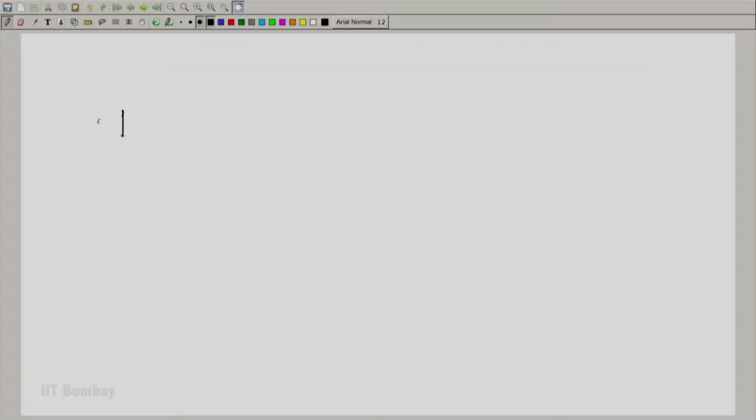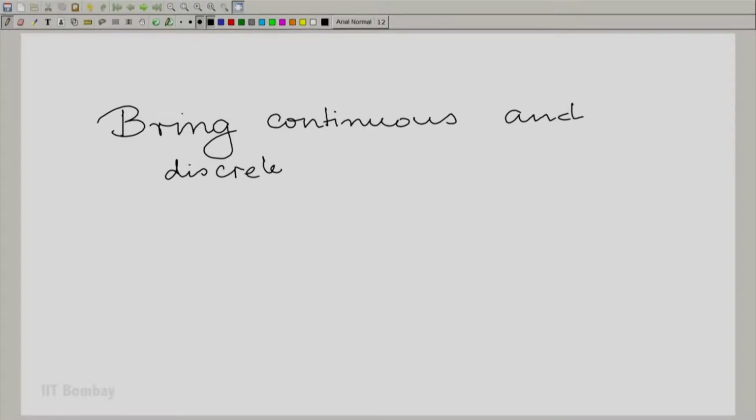In fact, what we are going to embark upon in this session is a whole new branch of signal and system theory, where we bring two seemingly disparate ideas in signals and systems together, and therefore, we bring continuous and discrete systems together. That is the theme that we wish to address.